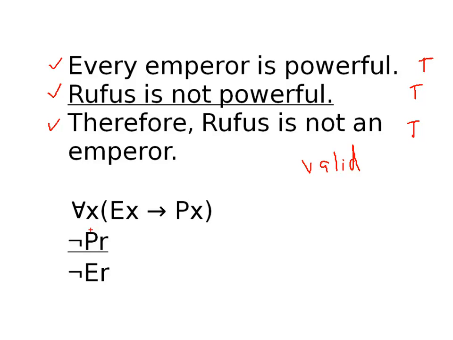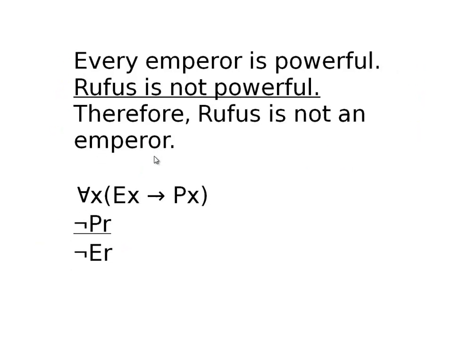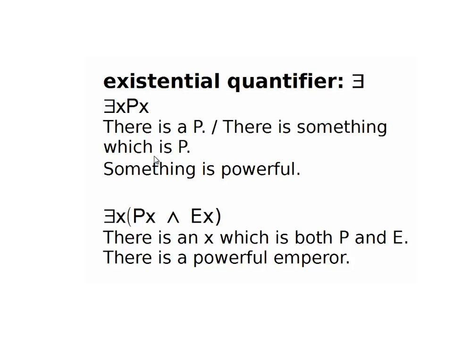We just use the predicate for powerful, and we preface it by this not symbol here, which just means it's not the case that. So it's not the case that Rufus is powerful. Yes, it logically follows from those that it's not the case that Rufus is an emperor. Why? Because every emperor is powerful and he's not. So therefore, it follows that Rufus is not an emperor. So far so good. That's not too bad, right?